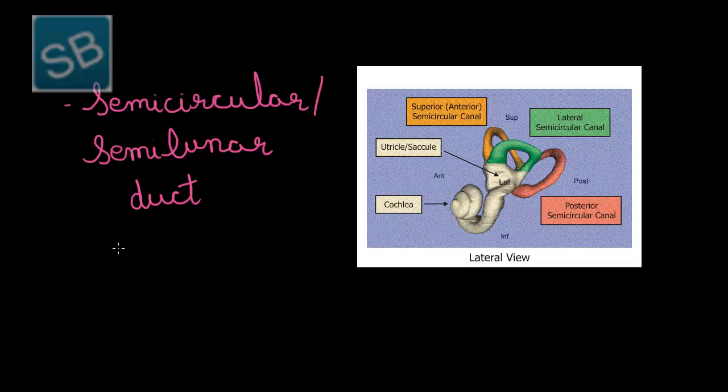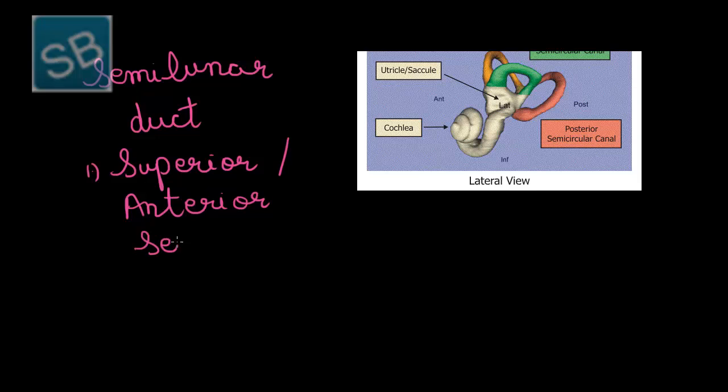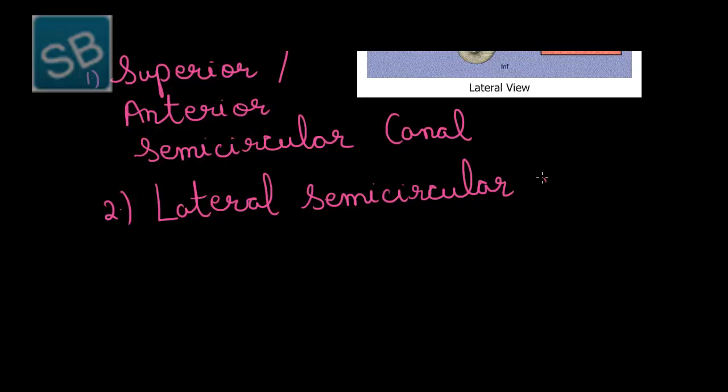Thus, they are of three types: superior or anterior semicircular canal, second is lateral semicircular canal, and third is the posterior semicircular canal.